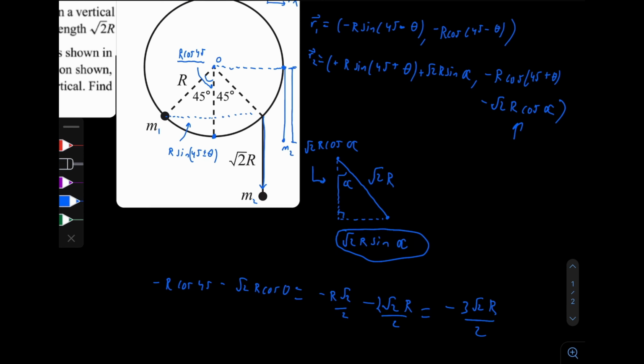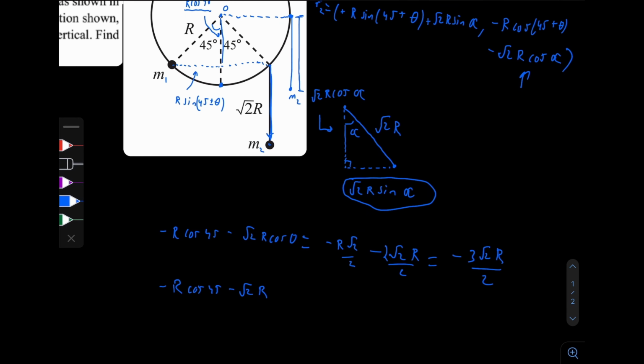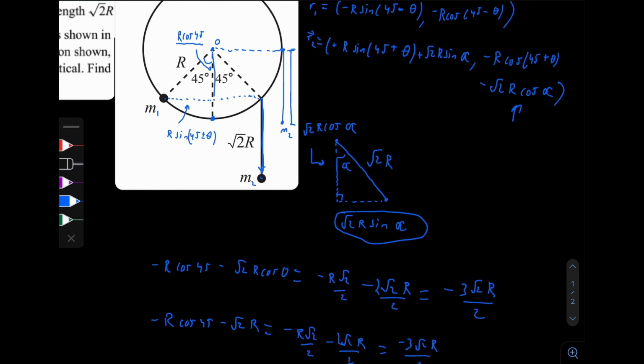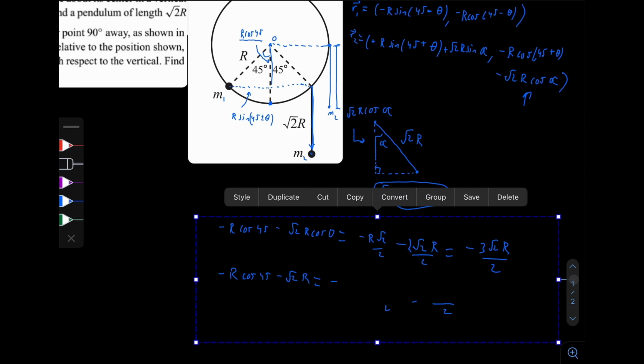The length initially is r cosine 45, because that's this length here, plus just the length of the pendulum, root 2r. I'm doing minus because we're below the x-axis. So that's negative r root 2 over 2 minus root 2r, which is again negative 3 root 2 r over 2. And if you plug in theta equal to 45 and alpha equal to 0, you should get negative root 2r.